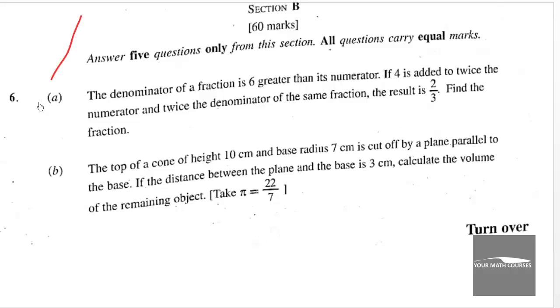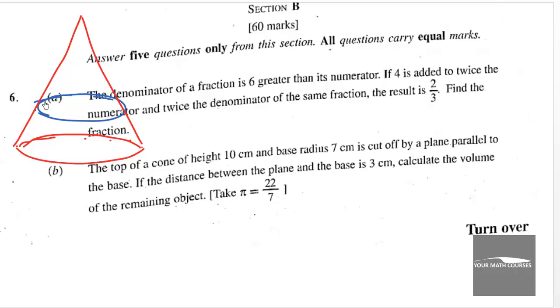So we have a cone, something like this. Then we're told that it was cut off parallel to the base. So we will get something like this. Great. So if that is the case, we have a height of the cone.